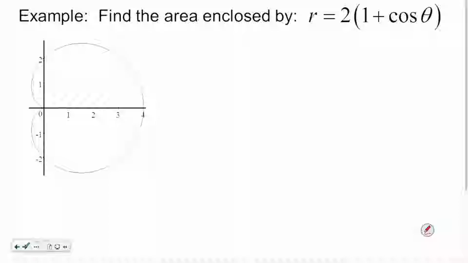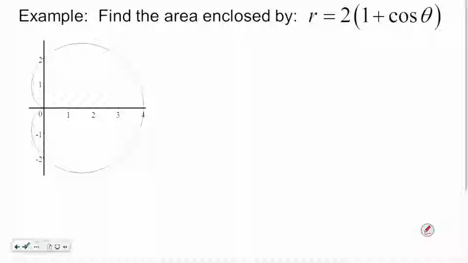What's nice about polar area, when we have a symmetric graph, we have some options. Now we know that it takes us from 0 to 2 pi to create this graph, correct?